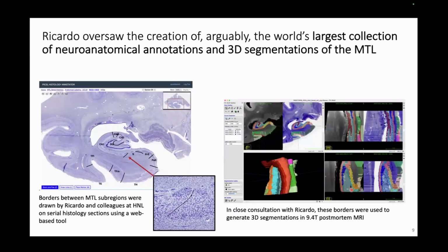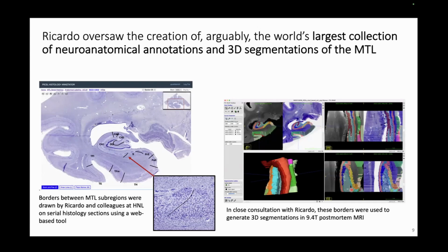In the process of this, Ricardo oversaw the creation of what is probably the world's largest collection of neuroanatomical annotations. We created this web application in which Ricardo and his colleagues at HNL would go in and label cytoarchitectonic boundaries. And over the years, Ricardo labeled 65 specimens from one end of the MTL to the other.